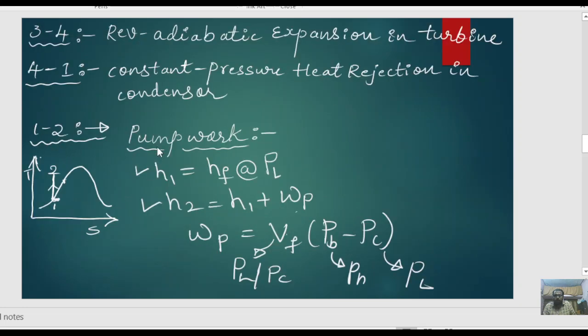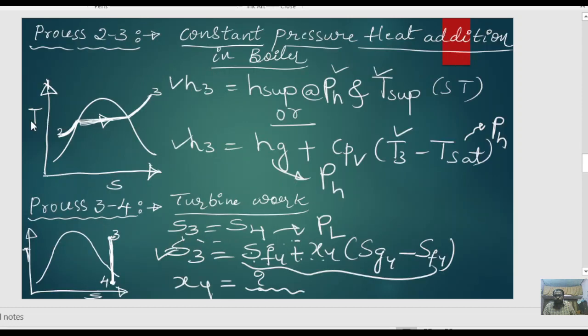Okay, first pump work. How do you find out the pump work? H1 is HF at lower pressure. H2 is H1 plus pump work. For pump work, VF times PB minus PC. Next, 2 to 3 is constant pressure heat addition in the boiler, and you have to find H3 from Hg plus CPV times T3 minus Tsat.